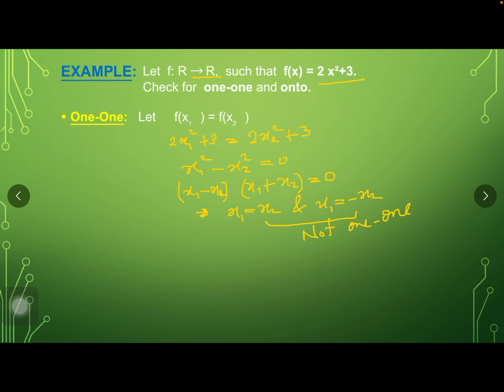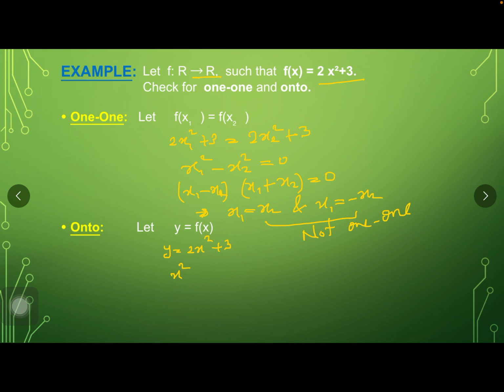So what does this condition show here, x1 equal to x2 and x1 equal to −x2. So this is not 1-1, right? This is not 1-1 because each element doesn't have a unique such element. So this is not 1-1, this is a many-one function.